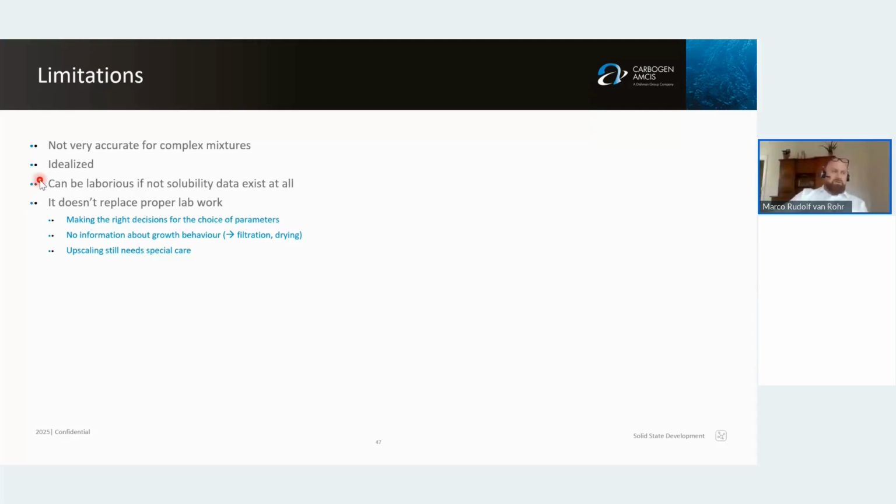But maybe it's also good to have a short screen before you start with work like that. And it doesn't replace proper lab work. So based on the data you have, you should make the right decisions for the choice of your parameters. It gives you no information about your growth behavior or your filtration and drying behavior. And upscaling still needs to be handled with special care.